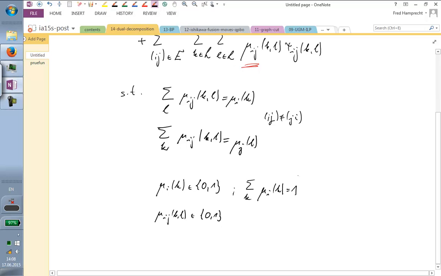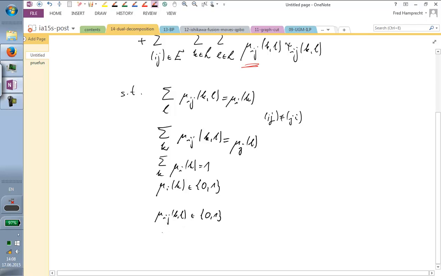Okay, and if we look at all of this, the first few constraints are easy, and the last two are hard. Because the first ones give me a convex problem, and the last two lead to the problem being non-convex.